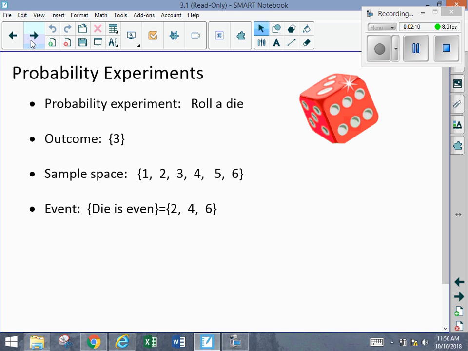The sample space, as we said, is 1, 2, 3, 4, 5, 6. All those are possible outcomes. An event would be, say, the die is even, because there is more than one outcome in that event. So there are examples of each of those definitions.